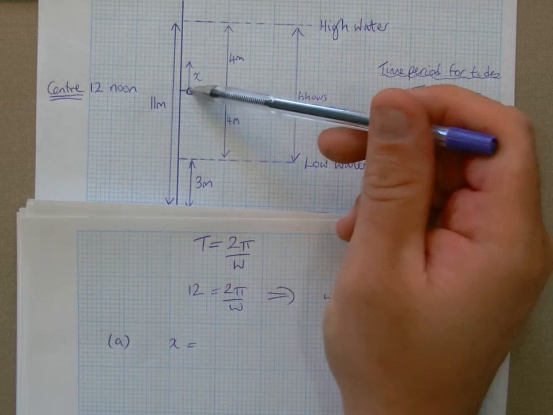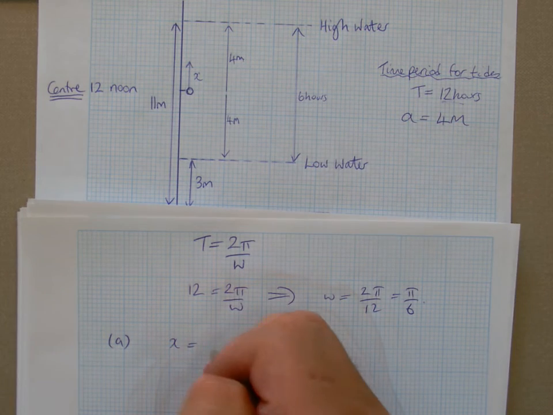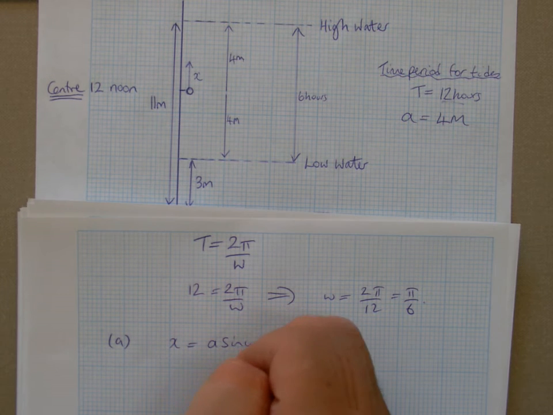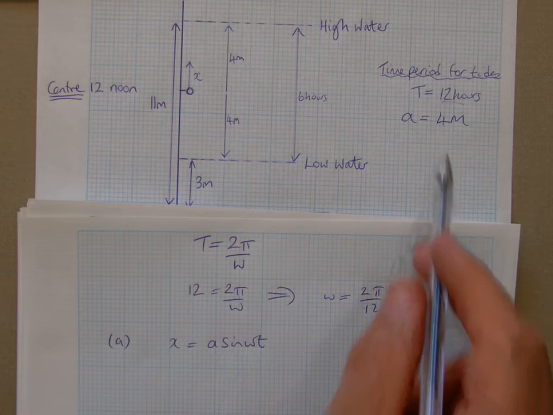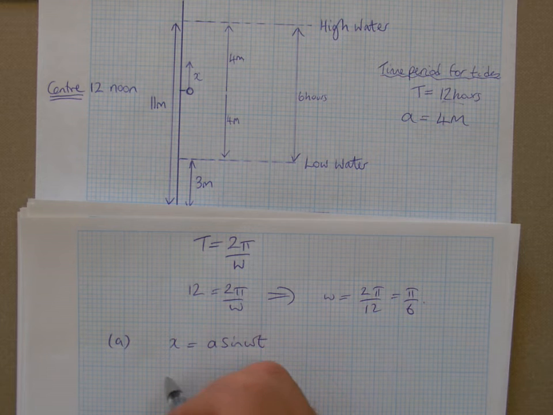So because it's at the center, we can use the sine one. For a full expression, and this is worth 4 marks, they'd expect you to put in A and omega, which we've worked out. A is 4 and omega is pi over 6. So that is our expression for x in terms of t.